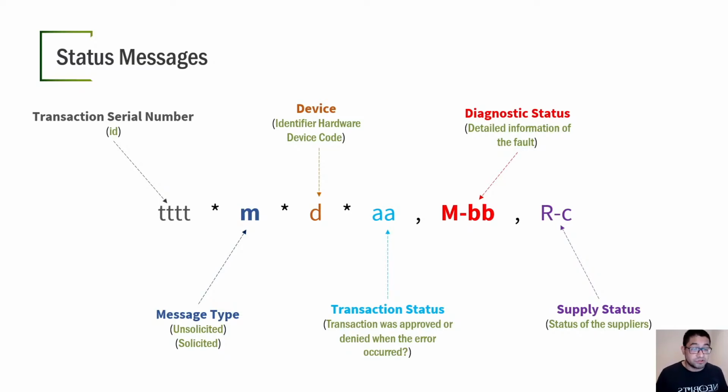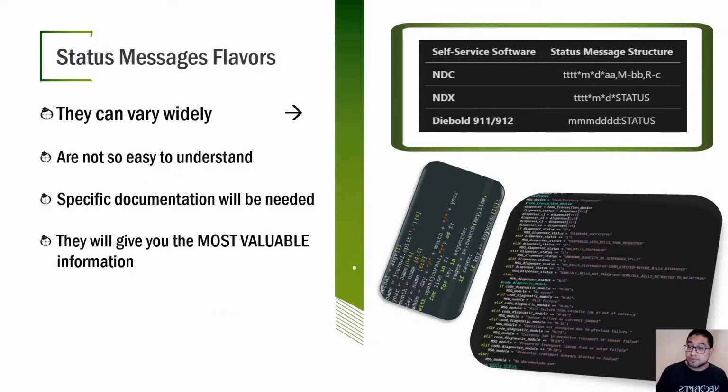Then we will have more detailed information in the diagnostic status. And at the end, we will have a supply status. So all of this information is not the same in every self-service software because they are not the same. But we will see a comparative table.